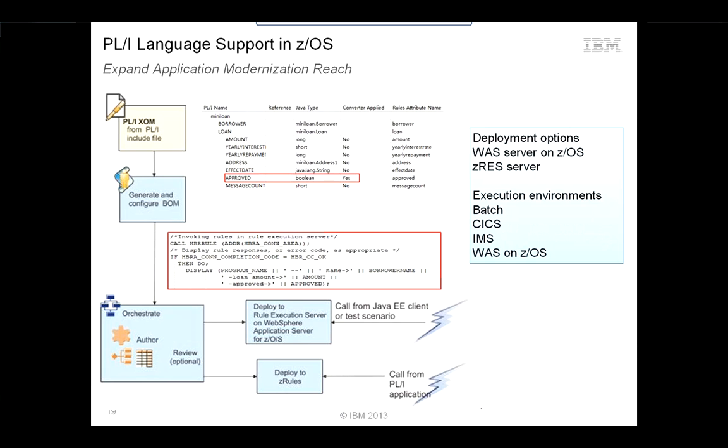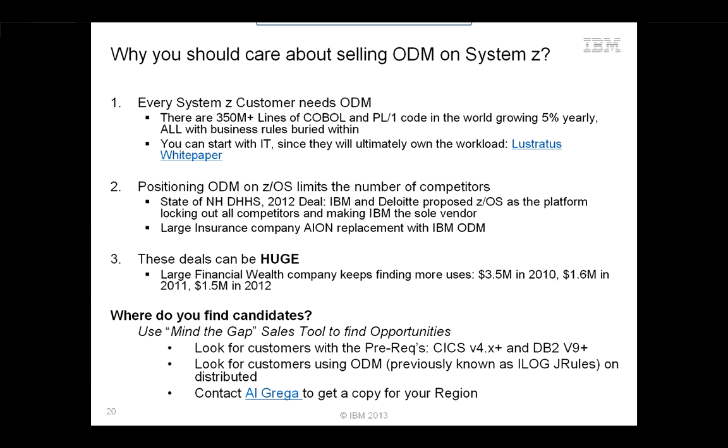So 8.5.1 fixed many of those. When I do the demo, I'll show you ODM version 8.5.1, so that you will get to see what's available as part of Business Console, and how you can get started on managing the rule changes that you're making.